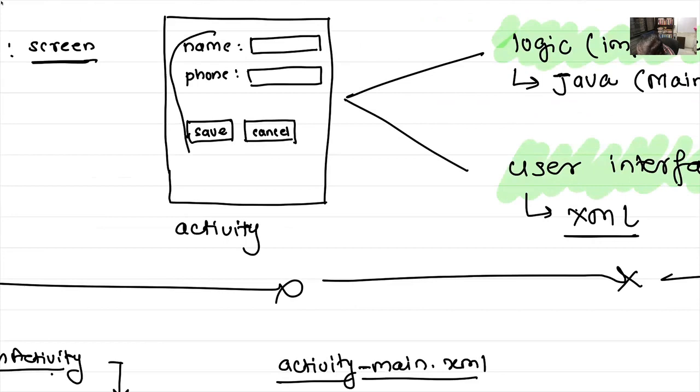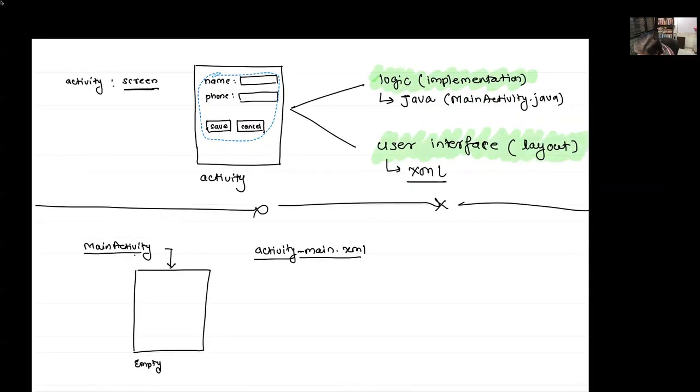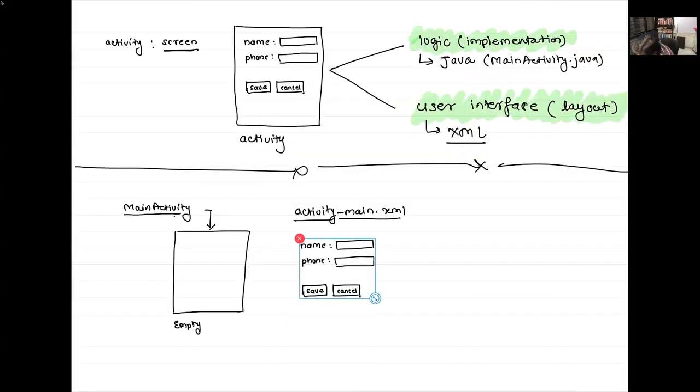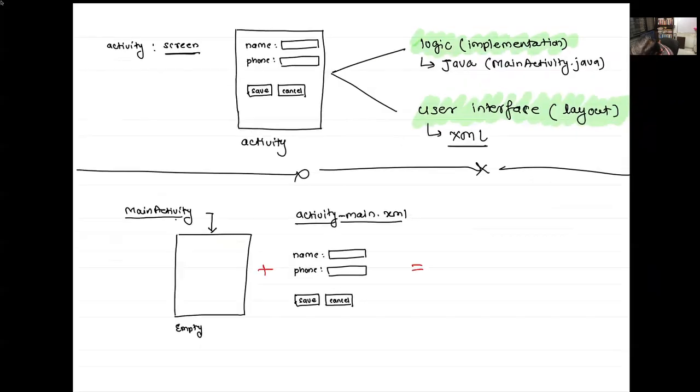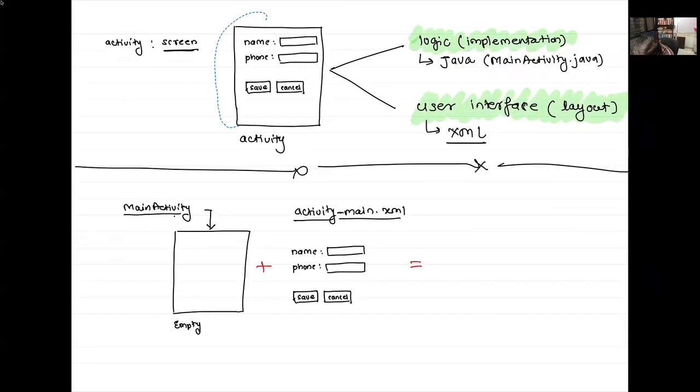This is the UI, and then you are going to add these two together to create the final version of your application. So this is where you're going to get the final activity.